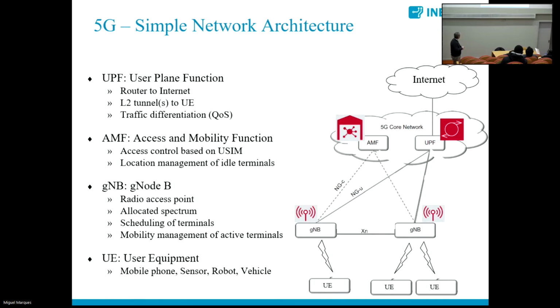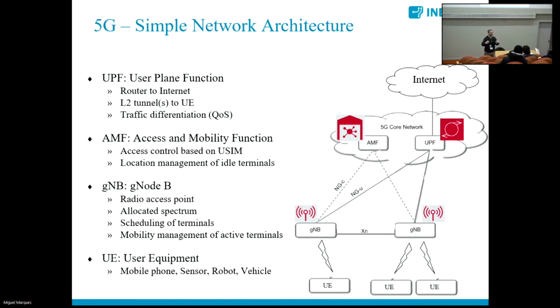Then we also have an important function which is done in a cooperative way between different G-Node Bs. That is the managing of the terminals. When the terminal is active, for instance, involved in a voice communication, and it moves, the communication, because there is a limit for communication, will have to be changed from one base station to the other one.